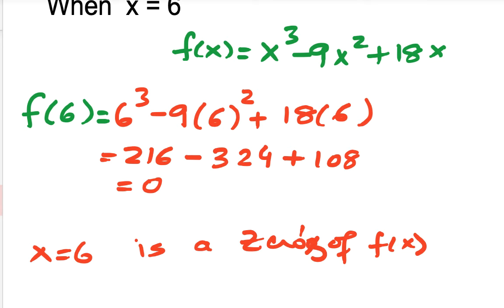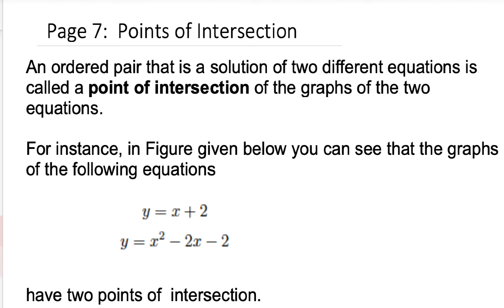Now we are going to look at points of intersection of the graph of the function. What do we mean by that? If you're given two equations, a point of intersection is an ordered pair which is a solution to these two different equations.